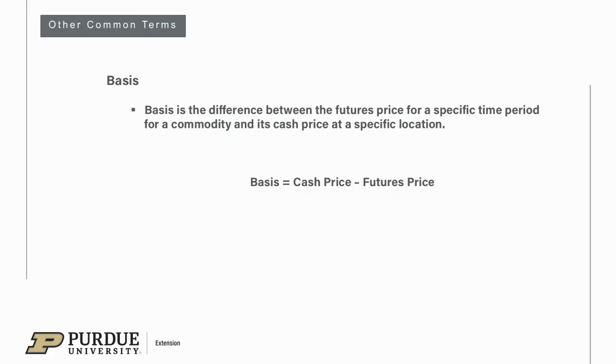So far though, we have covered some very basic terms and we've got 2 more to go. And those final 2 terms are basis and break-even selling price. Now, basis is the difference between the futures price for a specific time period for a commodity and its cash price at a specific location.